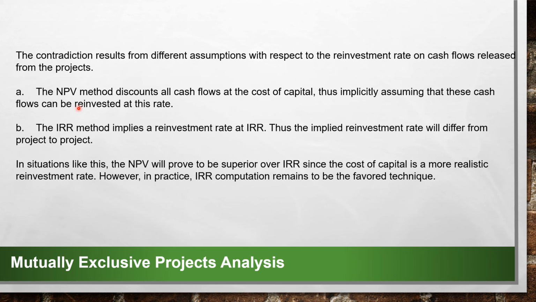However, IRR remains a very favored technique, because from the perspective of the manager, even if it gives an IRR of, let's say, 10%, the NPV is only amounting to 10,000.